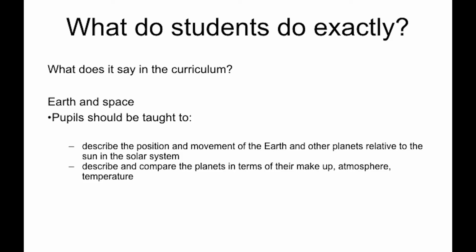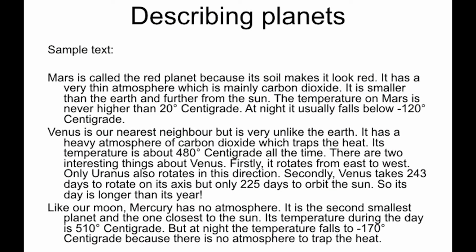And if we take a piece of content within that curriculum description that meets some of its demands, we might take a piece of text, for example, and here's one that compares three planets.